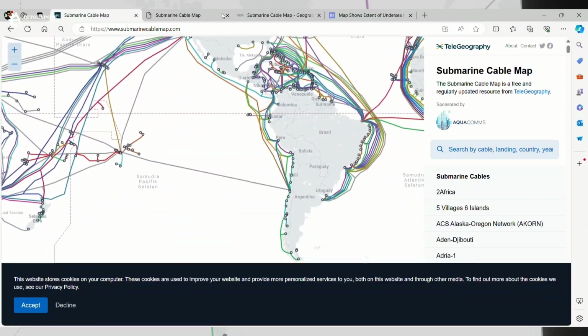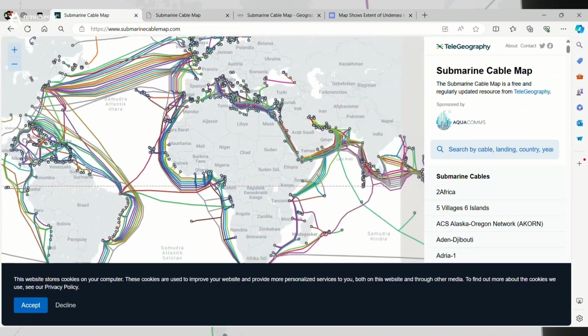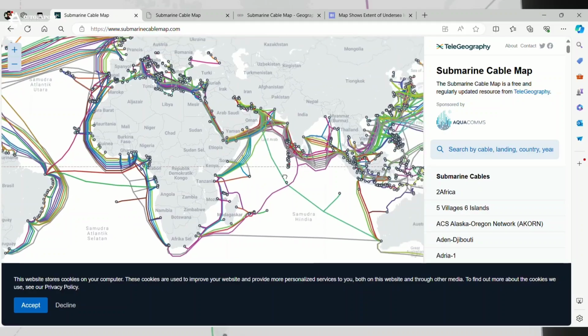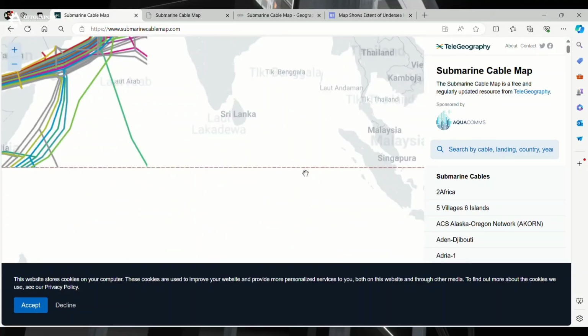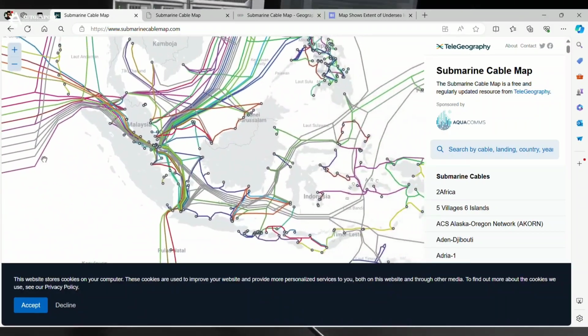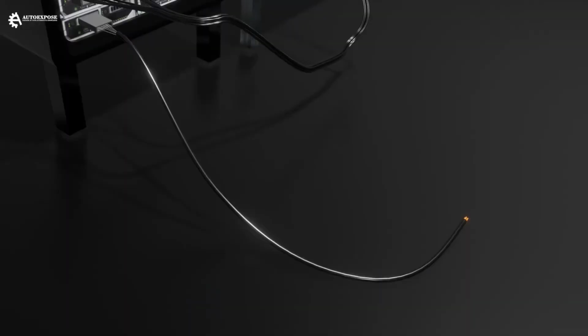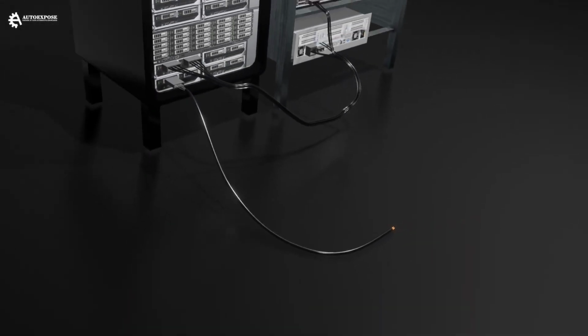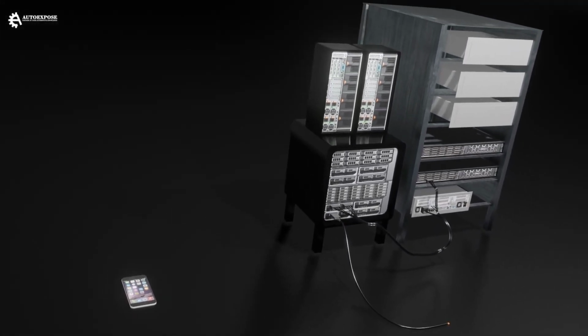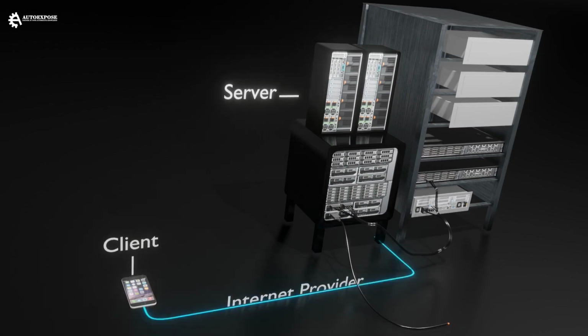Now, these cables do not directly lead to the client or our house. These cables only function as the highway, so that data from the server can reach the client. Of course, there are other elements. As we discussed earlier, two important elements on the Internet are clients and servers. Another is the ISP, or Internet Service Provider.